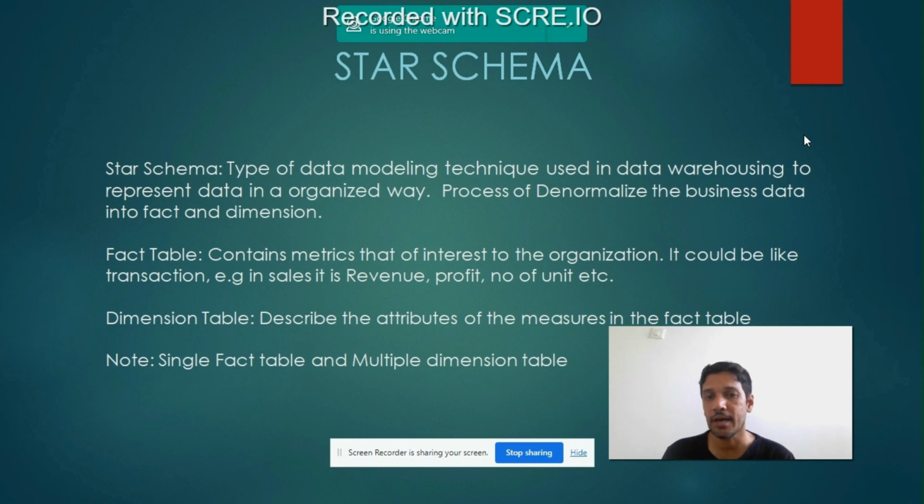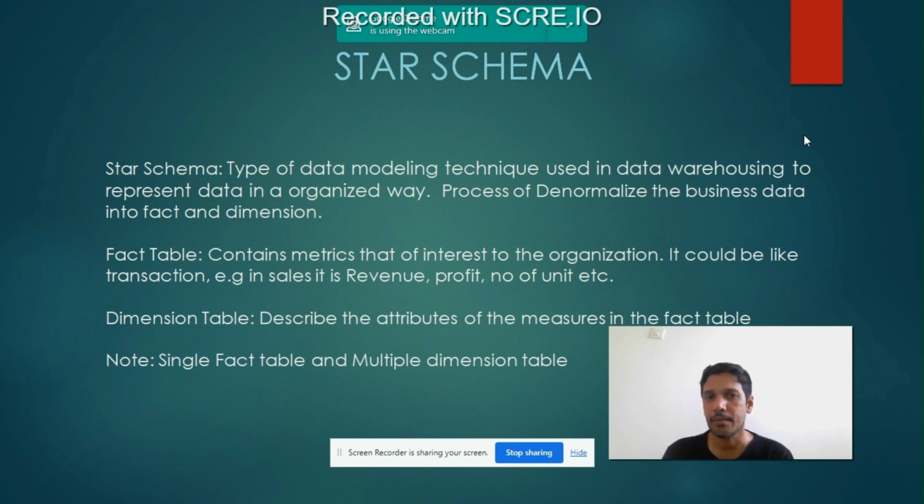That kind of numeric data, or data related to the business, which varies very frequently, that type of transaction data is considered a fact, whereas dimension tables contain the attributes of the measures in the fact tables. So in the fact tables we have sales revenue, profits, and all these things, and the attributes related to those will be available in dimension tables.